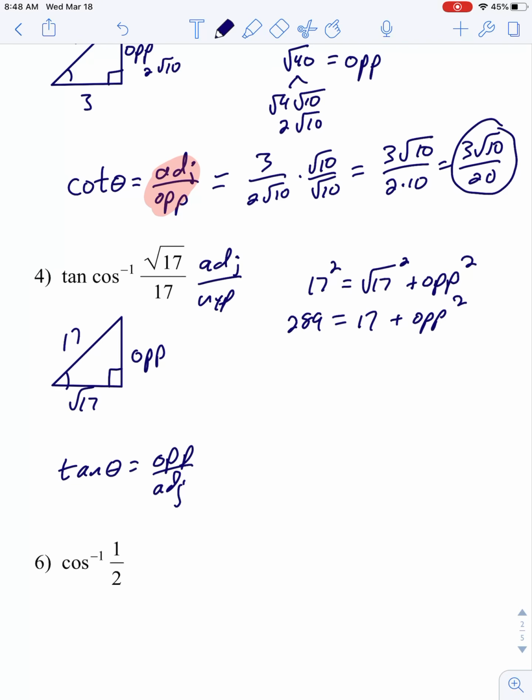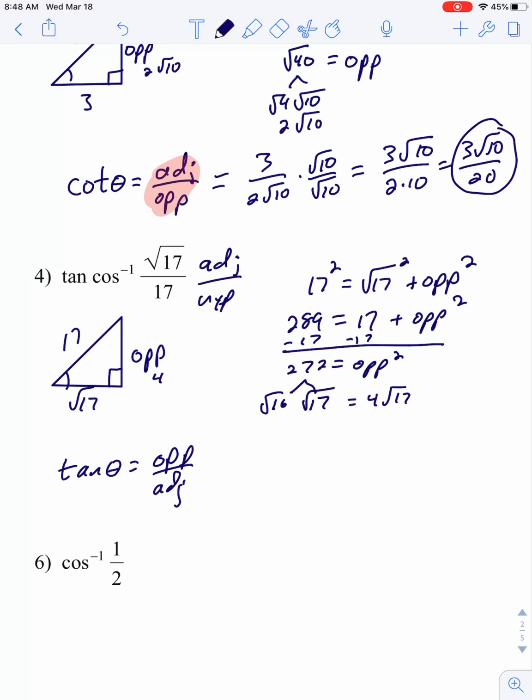If I subtract the 17 over, I get 272 equals opposite squared. 272 seems like a weird number. Dabble around with a calculator a little bit, you'll find out that it's 16 times 17. So when you are square rooting this, it turns into 4 radical 17.